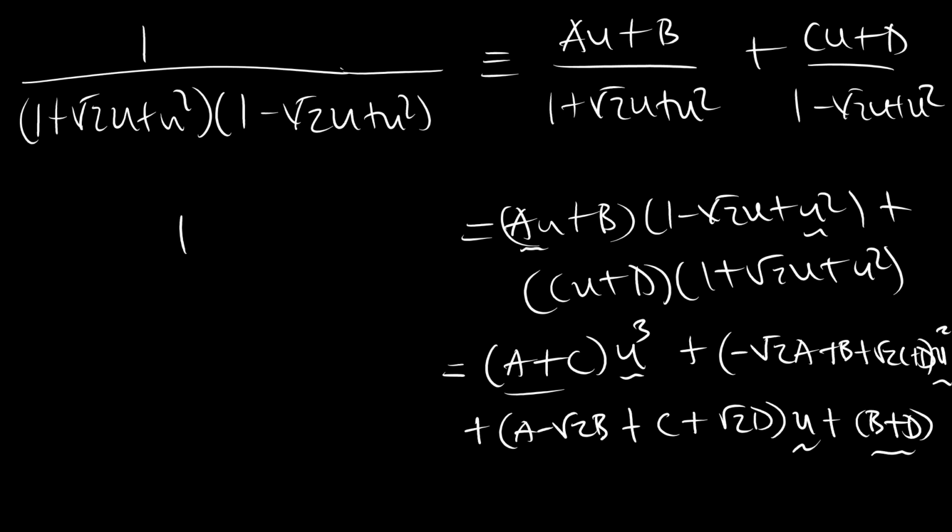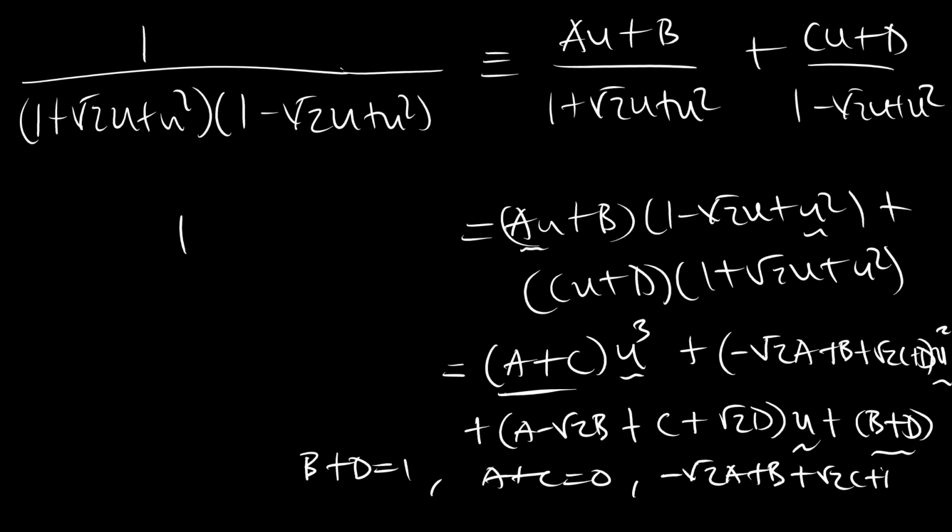be equal to 1. So what we have here is essentially B plus D is equal to 1, and then A plus C is equal to 0 from here, and then what we have next, negative root 2A plus B plus root 2C plus D is equal to 0, and finally A plus C plus root 2, pull that out, and then we have negative B plus D is equal to 0.